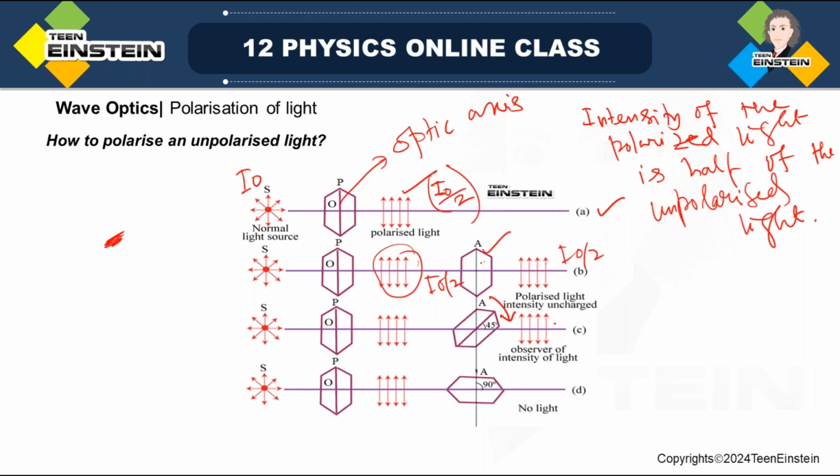That means just after crossing the analyzer, if you rotate the analyzer, you will see intensity variation. The observer will see a different intensity than this one.